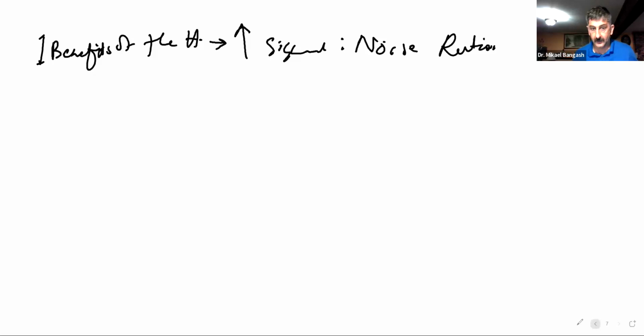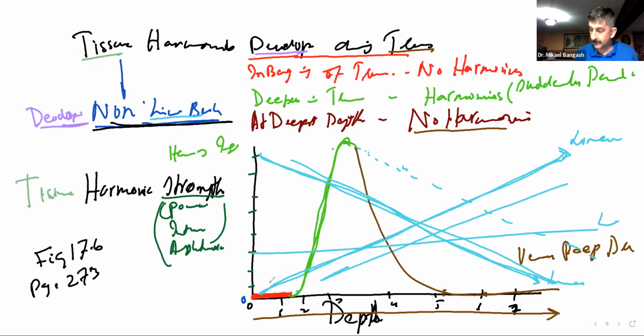We just talked about that here. Clear? They develop at deeper depths. Because they do not exist at superficial depths, harmonic signals do not distort. In essence, harmonics get a free ride through the superficial tissue, thereby remaining distortion-free with less noise.